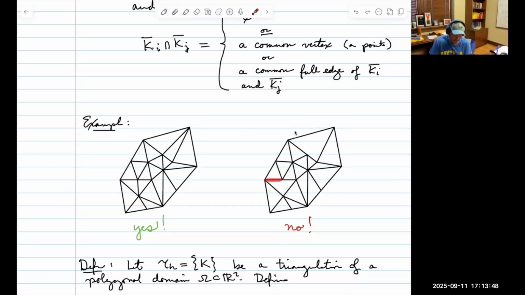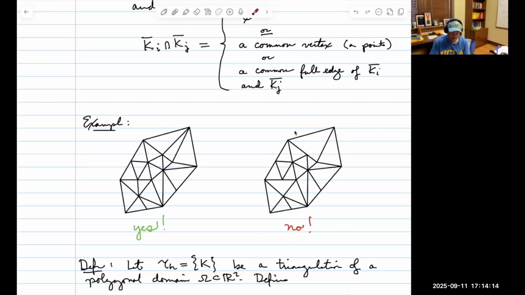And likewise, if I look at this triangle and this triangle, take their closures and their intersections, I get an edge which is not a full edge. That's the problem with this triangulation. It has what are called hanging nodes. A hanging node is whenever I have a node in the middle of another edge of a triangle which isn't completed.